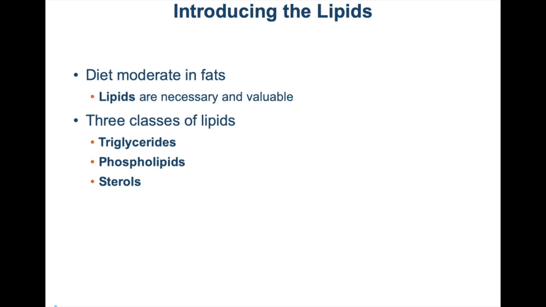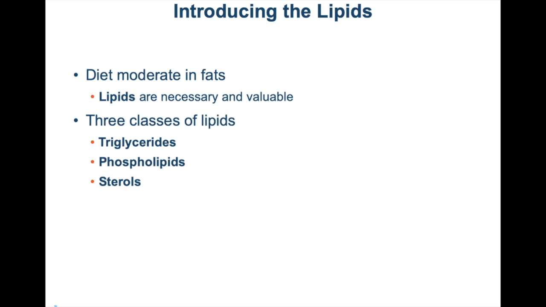So first of all, when we say lipids, we're referring to fats. We can use the term solid fats if they are solid at room temperature, such as butter. And if they're liquid at room temperature, we may refer to them as oils, so things like plant and seed oils, with a couple of exceptions. We already know that our diet must be moderate in fats.